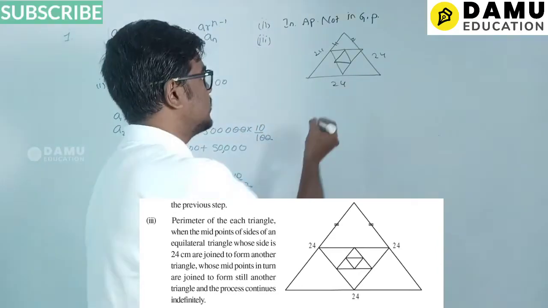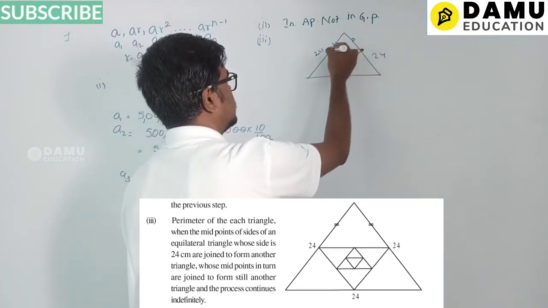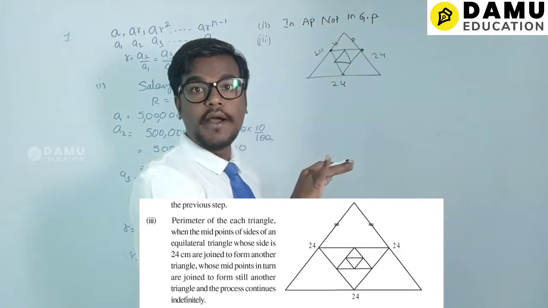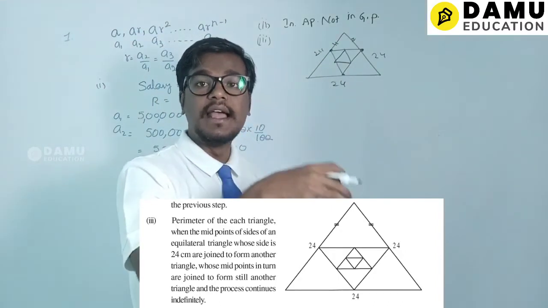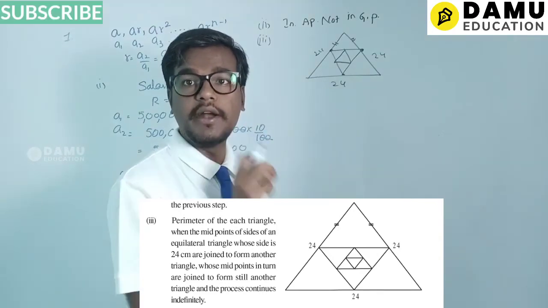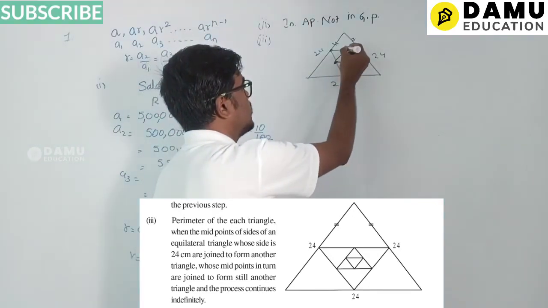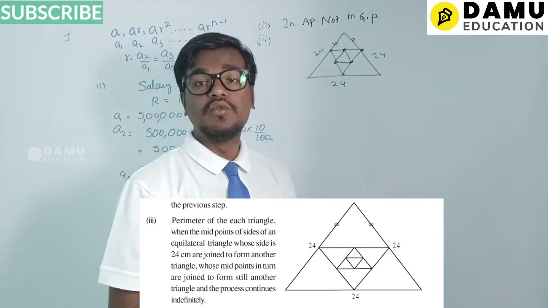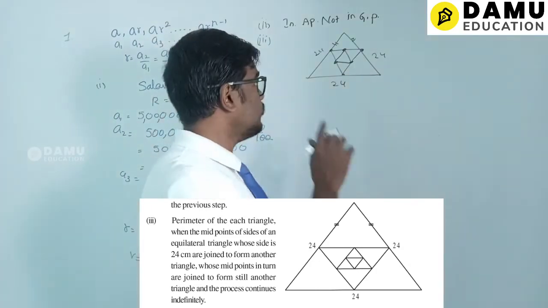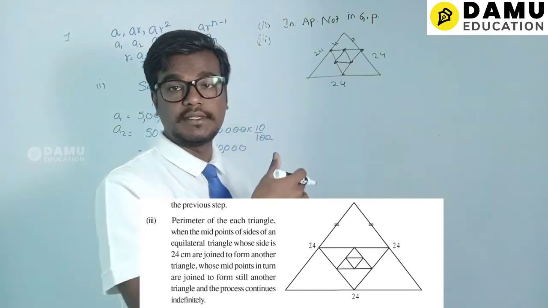So here these are the midpoints of the sides. If you join all the midpoints of the given triangle, we will get another triangle, and inside it again we join midpoints and again get triangles. So we have to find the successive perimeters.